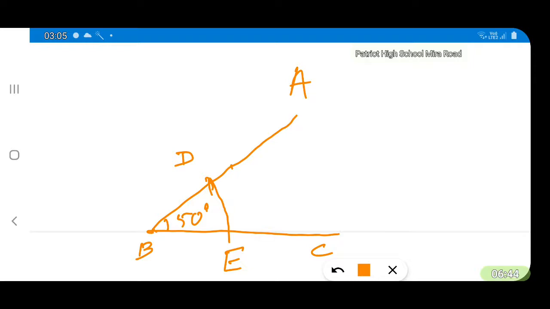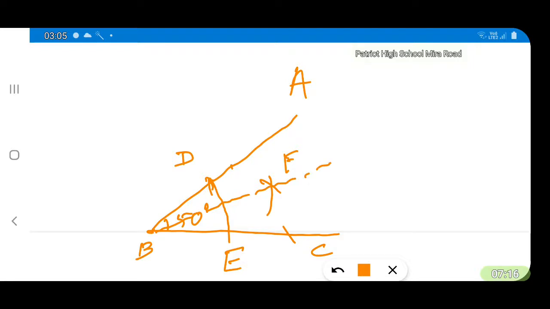With the same radius and with D as a center, draw an arc of a circle in the interior of the angle. Now with E as the center and the same radius, draw another arc cutting the previous arc in point F. Join BF and produce it further.